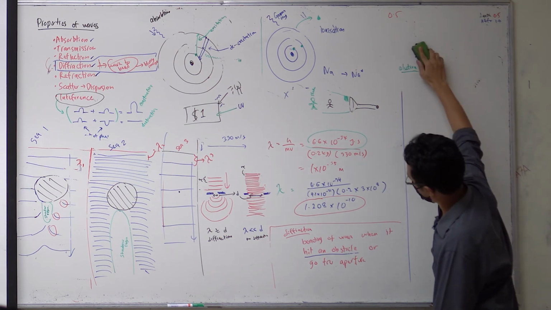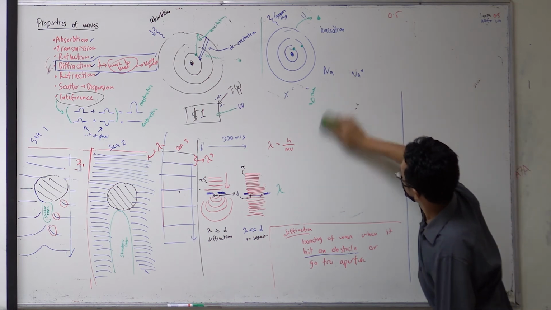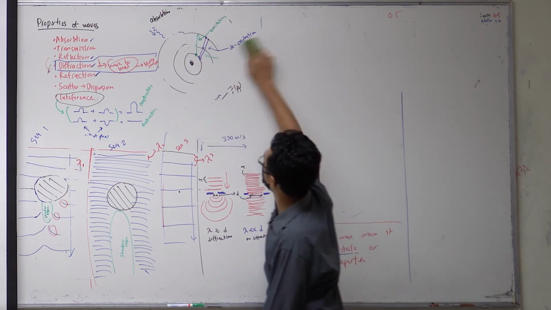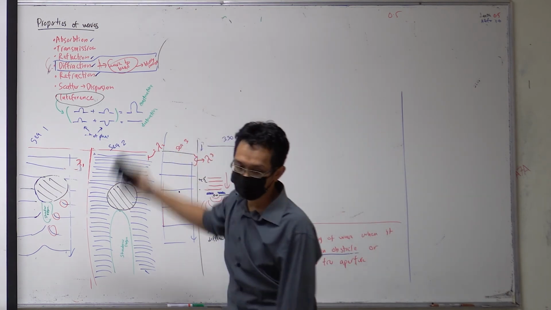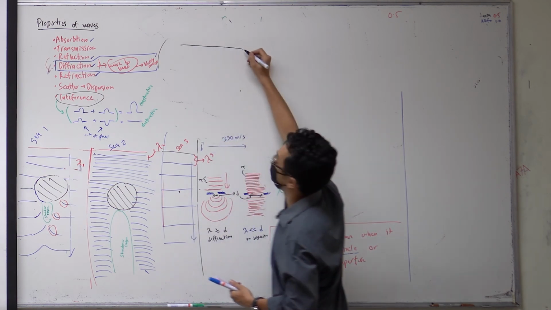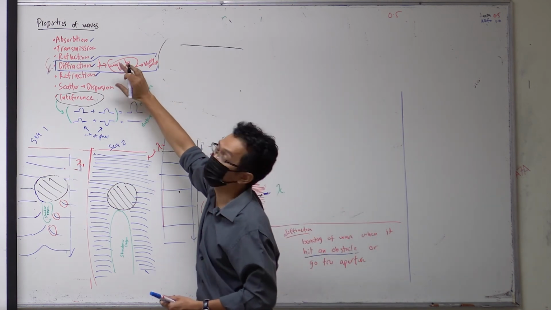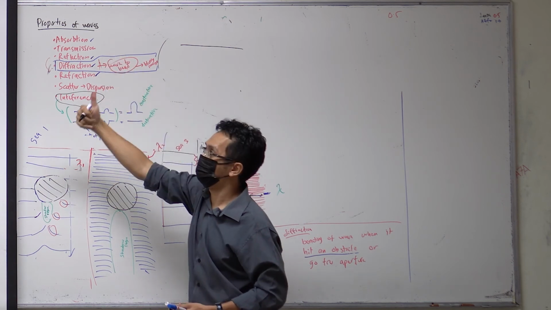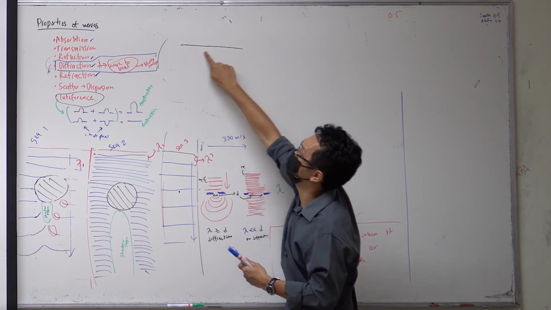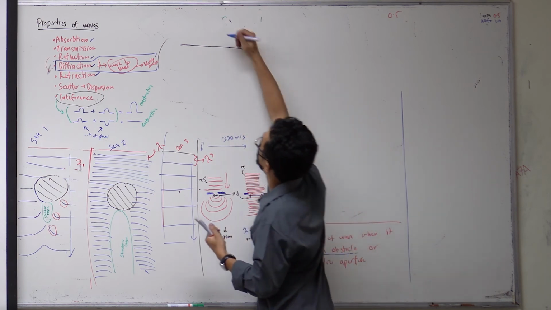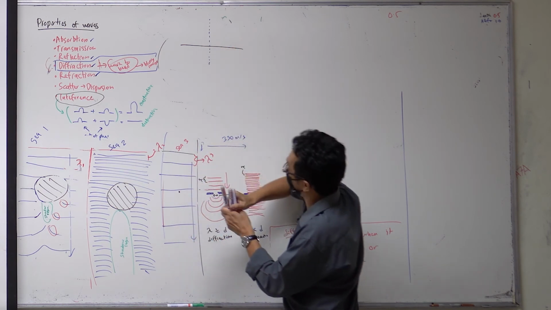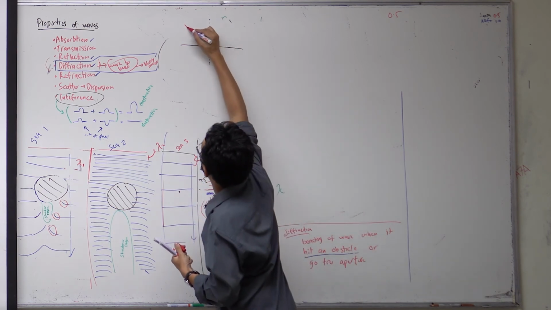Let me remove this thing. So you know the law of reflection is like this. This is true for any wave: sound wave, light wave, or whatever wave. So reflection is basically, let's say you have a planar surface, and you try to reflect a wave from here.